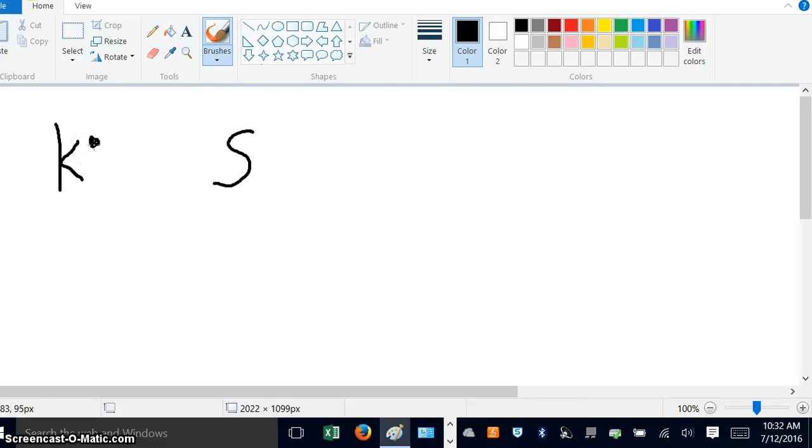And the sulfur is in group 6, so it has 6 outer electrons. There's 4 of them, and then there's 1 lone electron, and then another lone electron, in the imaginary box.